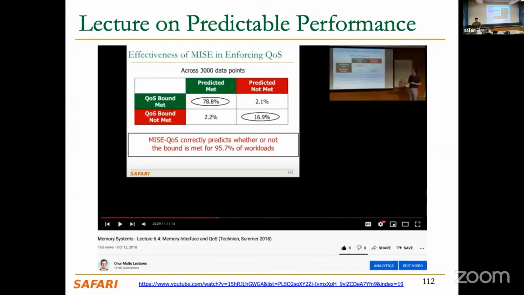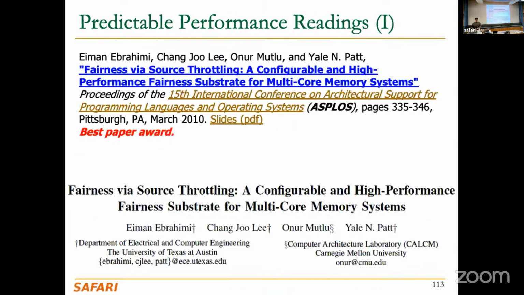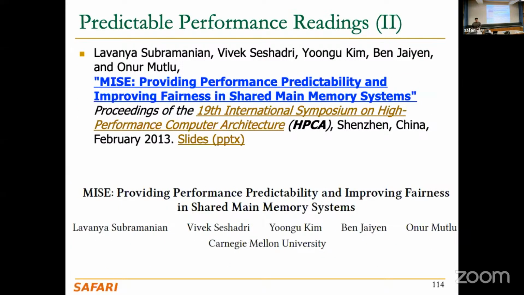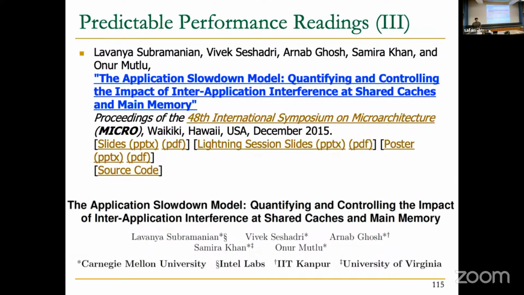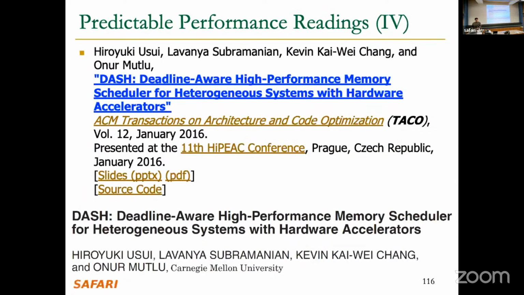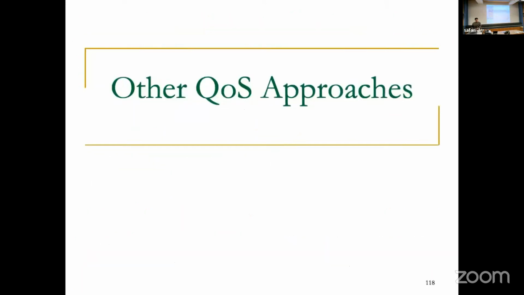Professor Mutlu has more detailed lectures on this topic. And we're going to look at this paper, Fairness via Source Throttling, in more detail a bit later. These are the papers that deal with this topic, essentially. So I'm going to flash these papers to you and move on to the next part, the final part of our lecture.